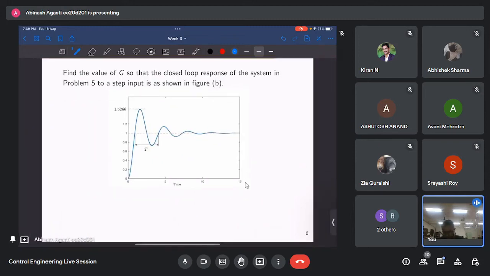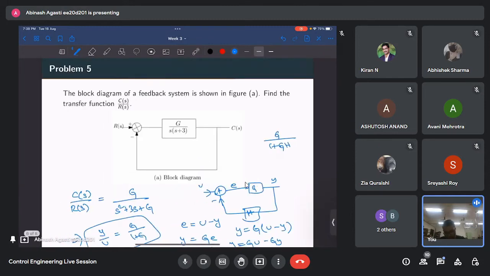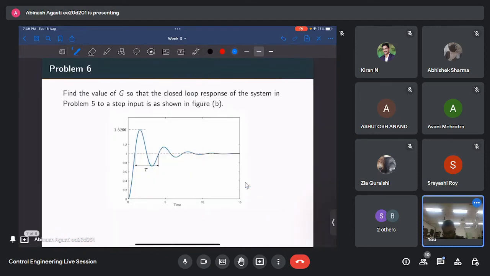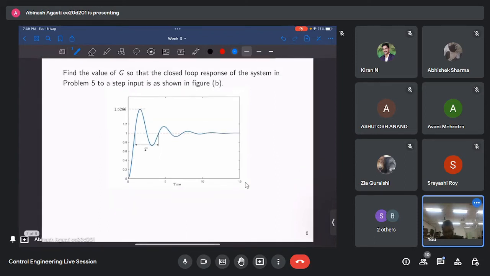For the previous system, we want to find the value of G so that the closed loop response of the system to a step input is as shown in the figure. So how do we do this? We calculate the maximum, final value, sir.